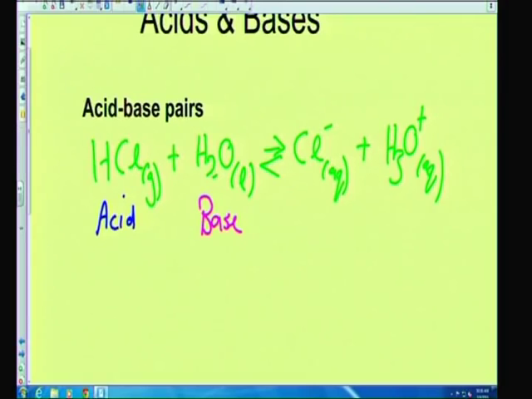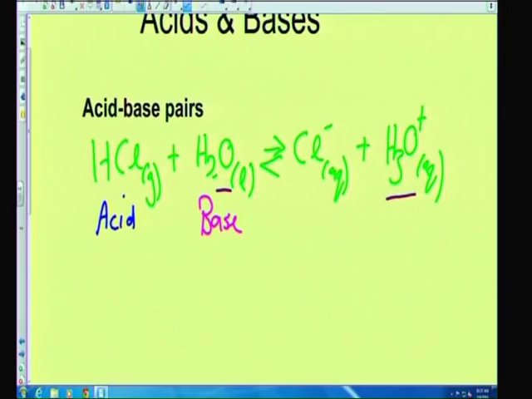So if we were looking at the back reaction now, let's classify according to Bronsted-Lowry what's actually happening. So if we had to look at this substance here, the H3O+. What is different about the H3O+ compared to the water? Well, the H3O+ has got an extra hydrogen ion.